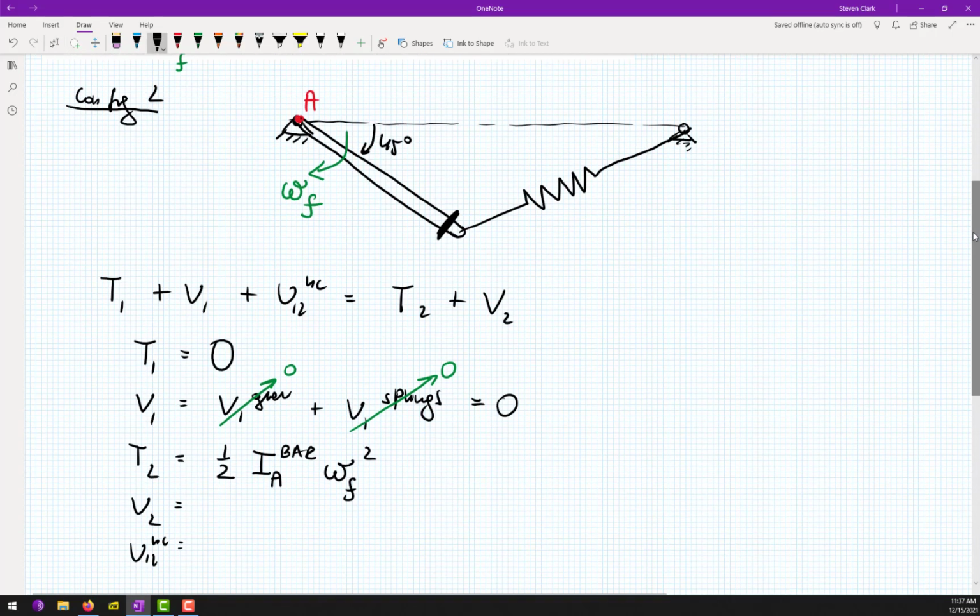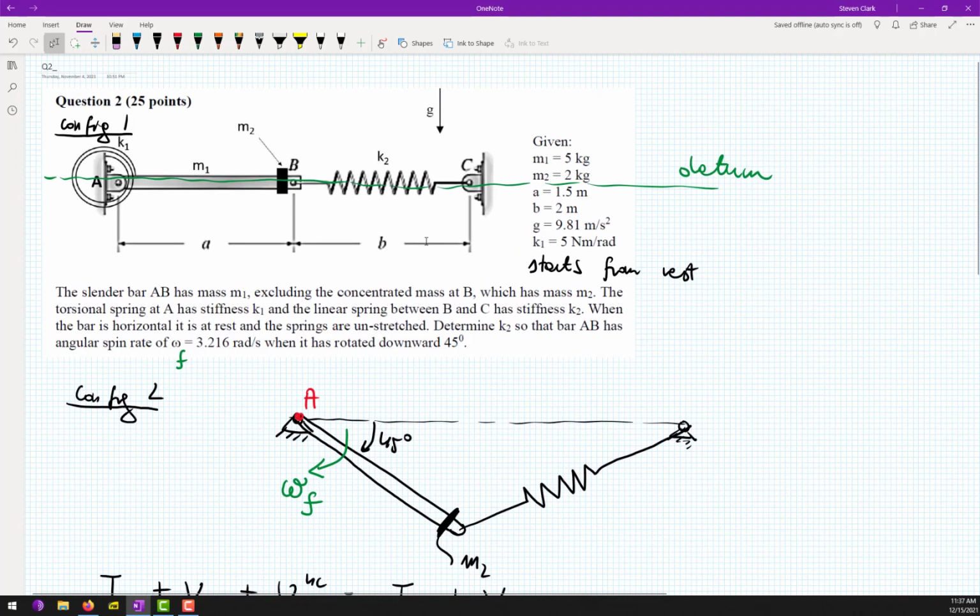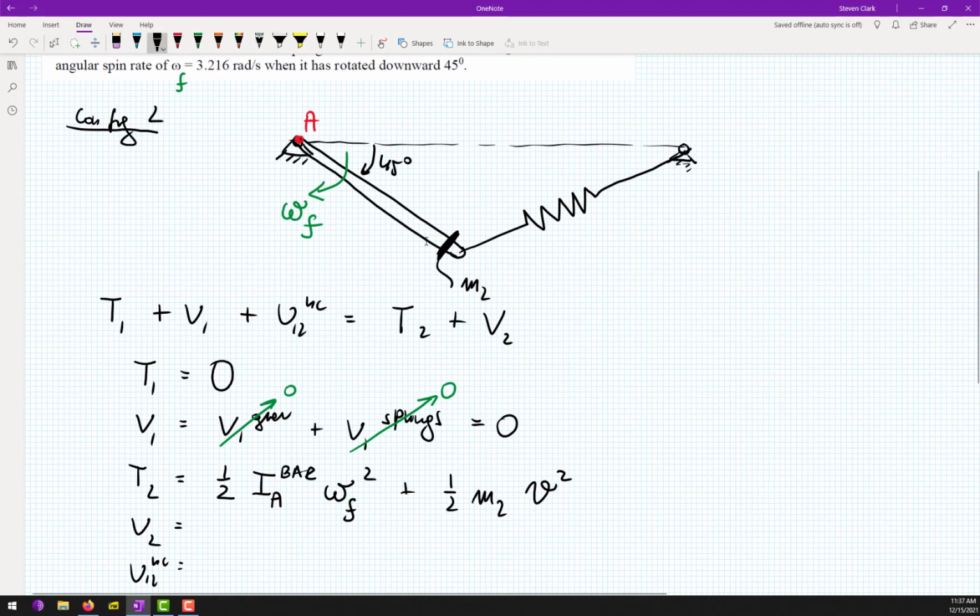Plus the kinetic energy of this mass, M2, plus 1/2 M2 V_B squared. I don't know what is the name of that point. This point is B.